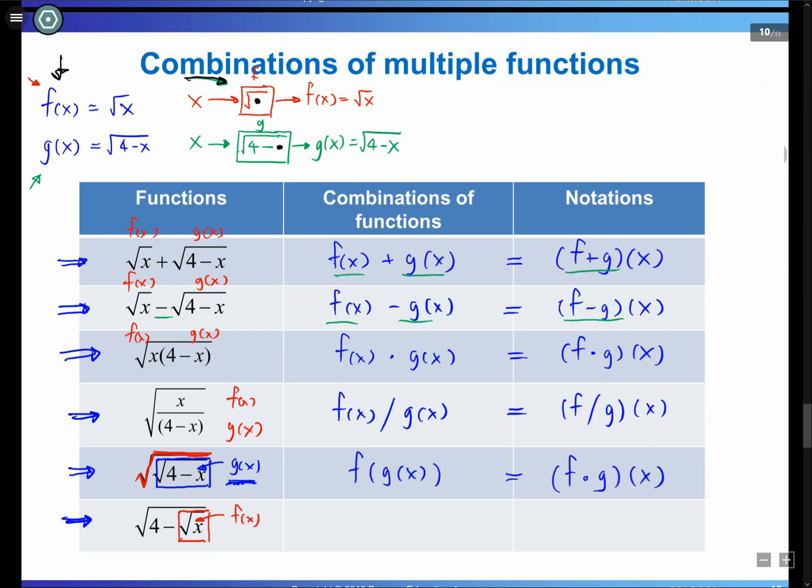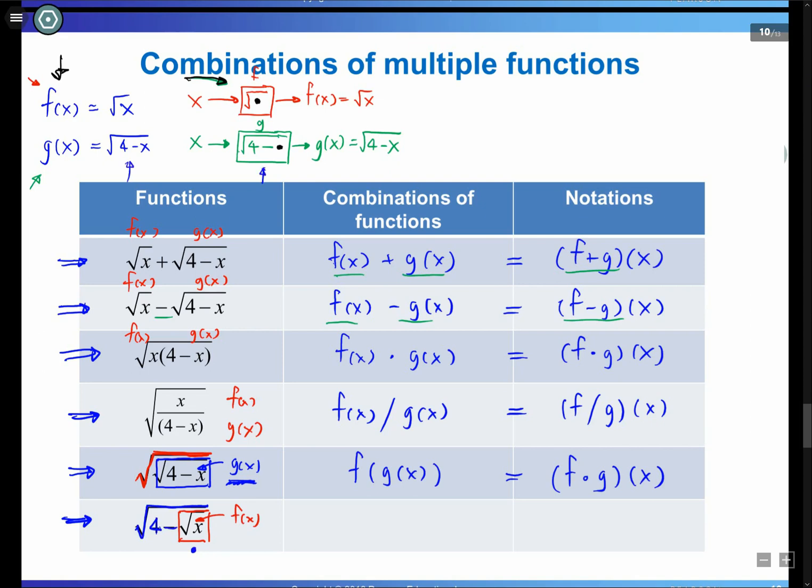Okay, so we have f of x somewhere in this last one. What about g? Let's find g. So now I'm going to take a look at the most outside function, and I see this square root of 4 minus something, this red box. Square root of 4 minus something. This looks familiar. It's exactly the same as this. Exactly the same as this.